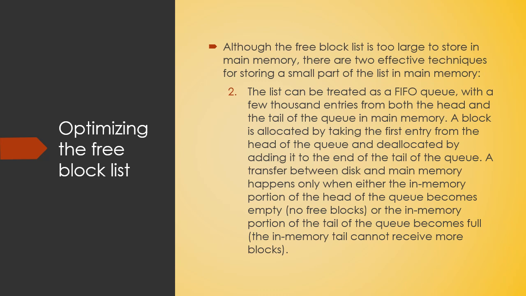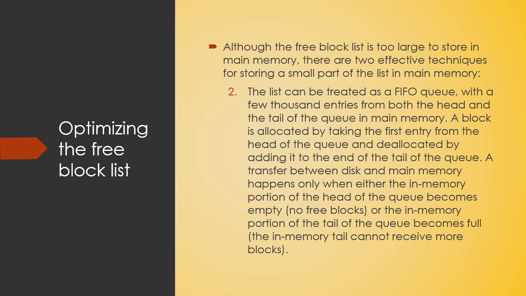The second way of doing things is the list can be treated as a FIFO queue with a few thousand entries from both the head and the tail of the queue in main memory. A block is allocated by taking the first entry from the head of the queue and deallocated by adding it to the end of the tail of the queue.